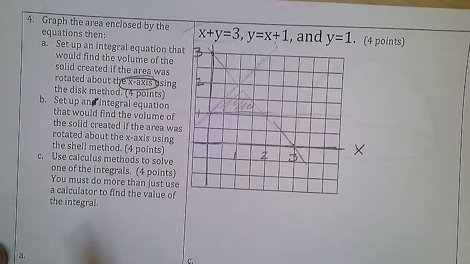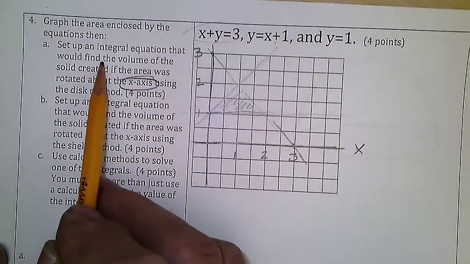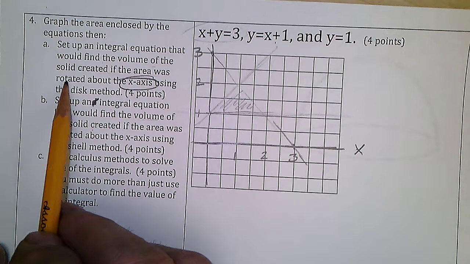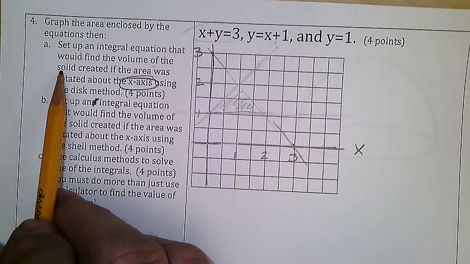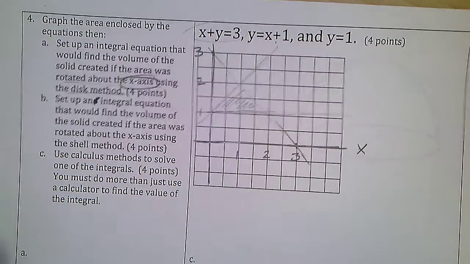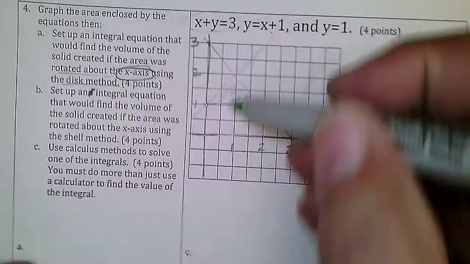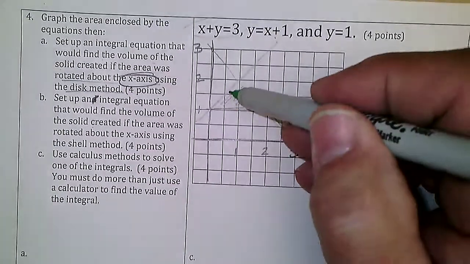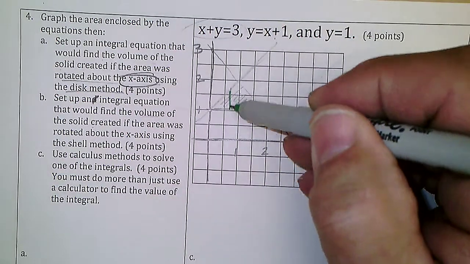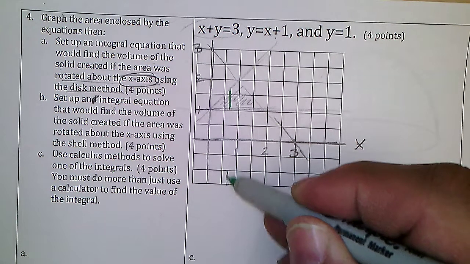created by rotating using the disk method. So we would have to be doing slices vertically. So there'd be that one up there and one down here.